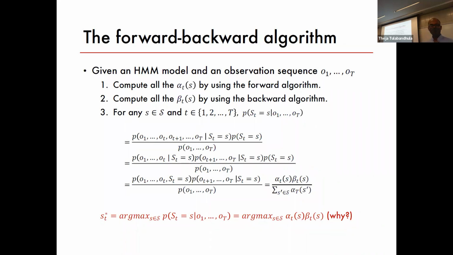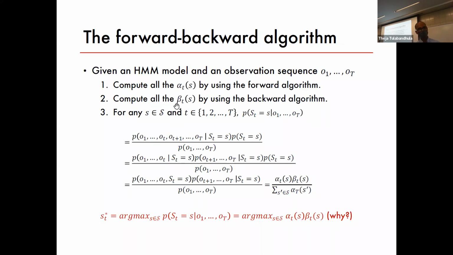And the last one, the likely hidden state sequence, is addressed using the Viterbi algorithm. So there's a forward approach, a forward-backward approach, and then the Viterbi approach. But you don't need to know these names. At the end of the day, you just want to compute some conditional probabilities. You can compute these if you have a handle on how to use recursion, basically.